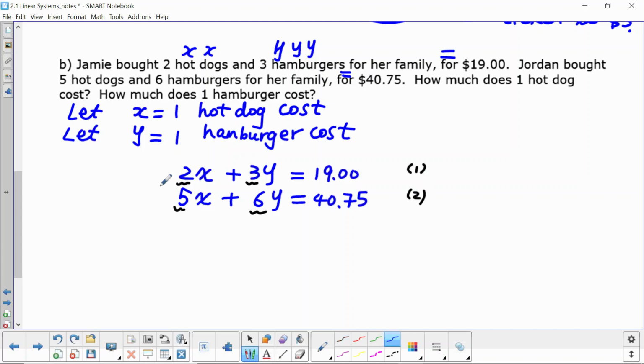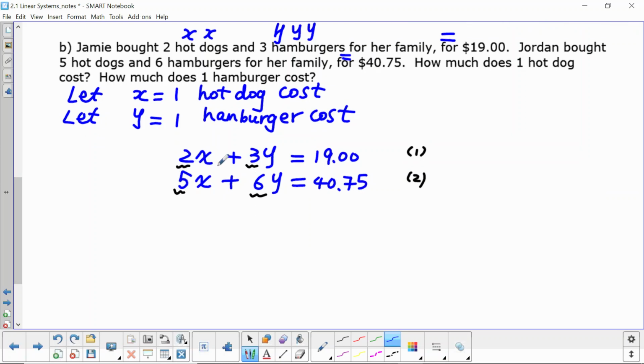We don't have any number in front of a variable that is 1. We are going to just pick the one that is easier to isolate. I think I will pick this 2x. The reason is each term divided by 2 will not be hard. So from equation 1, we are going to isolate the 2x.